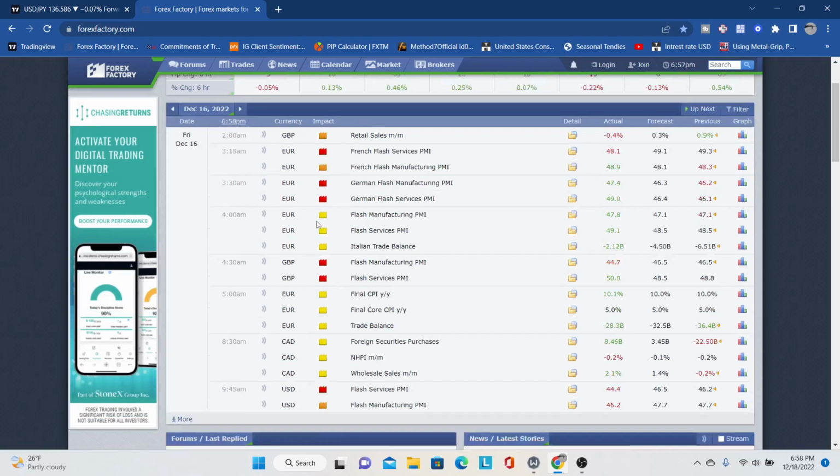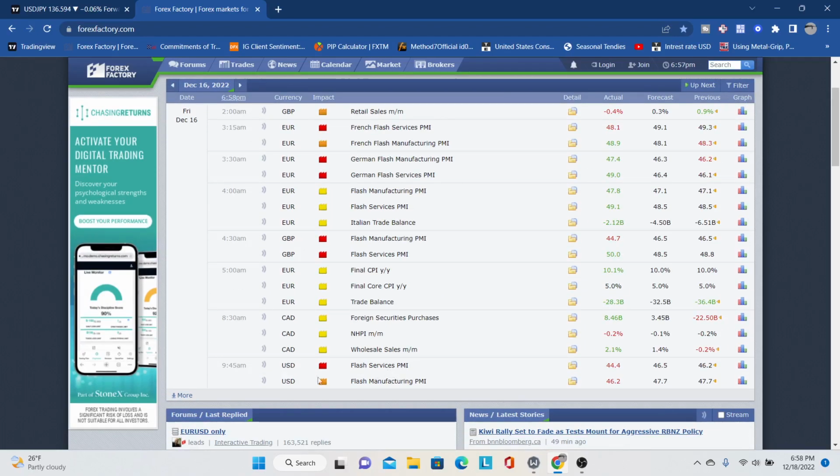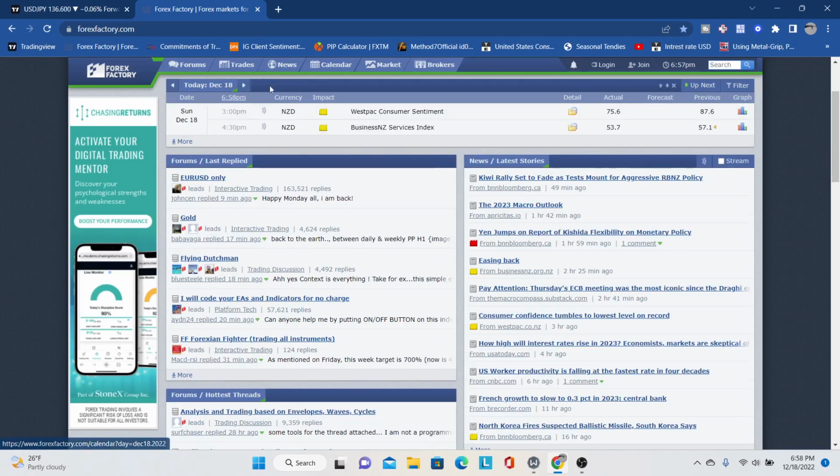While it also seems clear that the US is headed into a recession, with 44 coming out on the flash services PMI. That is contraction territory. So I'm expecting more recession type themes. Typically in a recession, people flee to safe havens such as yen or the dollar.